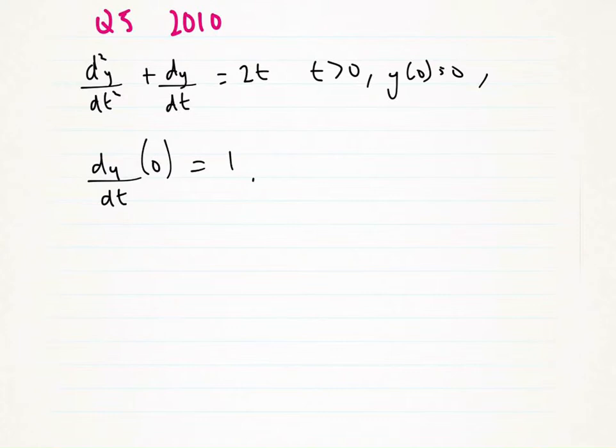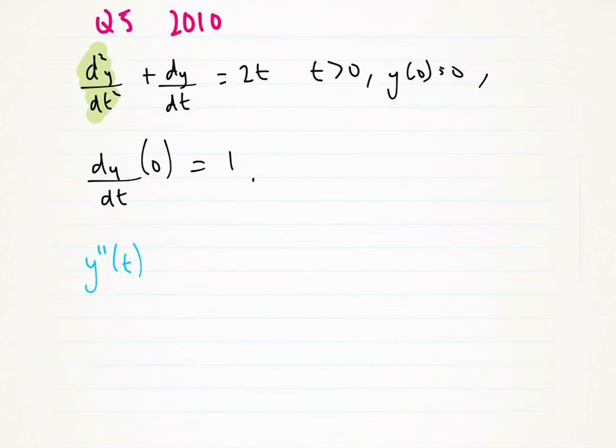So just to clear up the notation, this first one here is exactly the same as writing y dashed of t.